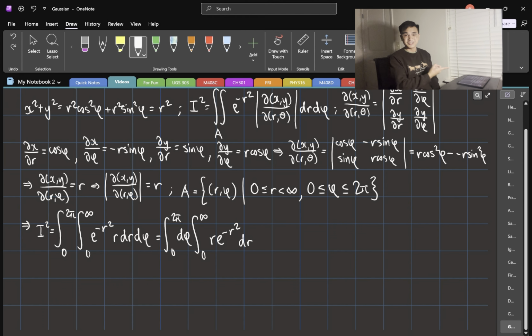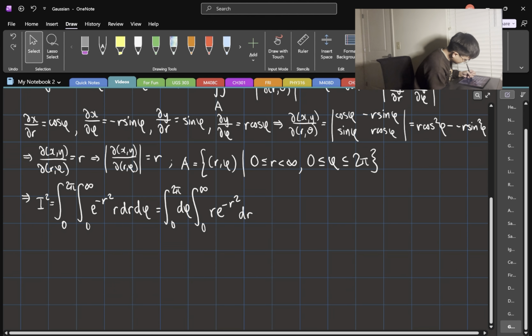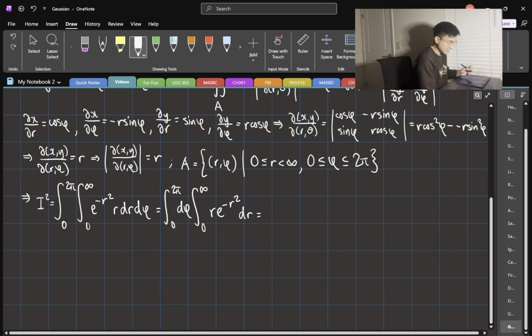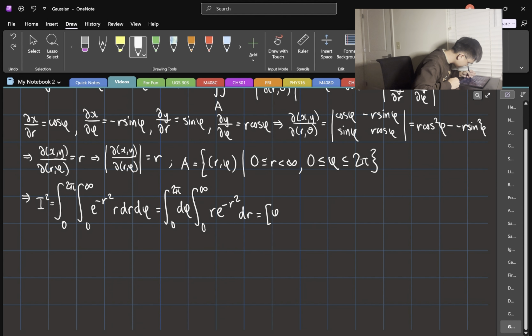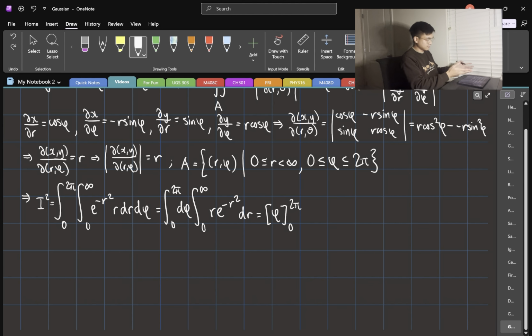I can integrate that phi integral pretty quickly. The antiderivative of 1 is just phi evaluated from 0 to 2 pi, which, when you evaluate the upper bound minus the lower bound, is really just 2 pi.